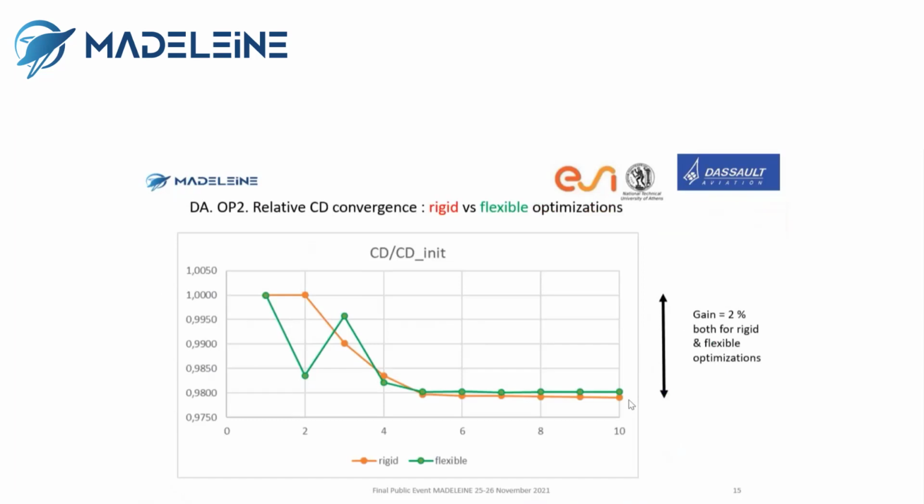On this slide, you have a comparison for Dassault results of rigid and flexible optimization. Mainly, it was for OP2, so for Mach number 0.8, we have a gain of 2%, both for rigid and flexible optimization.